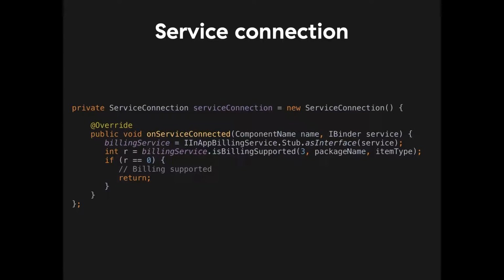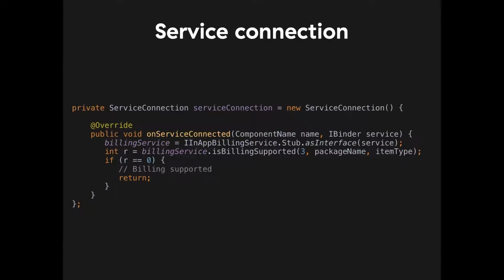Once you have a working service connection, if you are using in-app billing API version 3 or above, and you should be using it because version 2 is deprecated and will be removed, you need to check if your device has support for in-app billing.